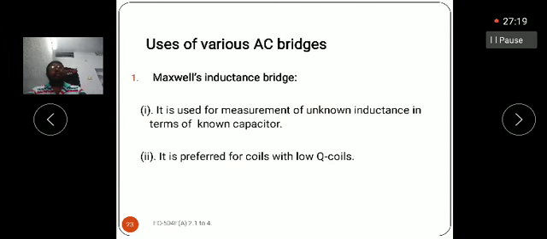Now I am going to explain the uses of various AC bridges. In the Maxwell's inductance bridge, we have two uses.